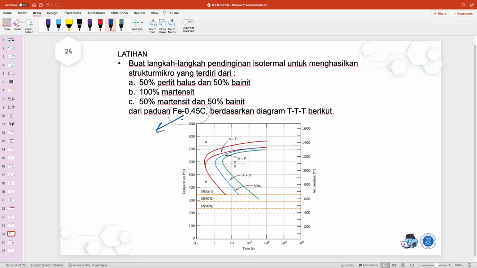So is it hypoeutectoid or hypereutectoid? Which one is right?